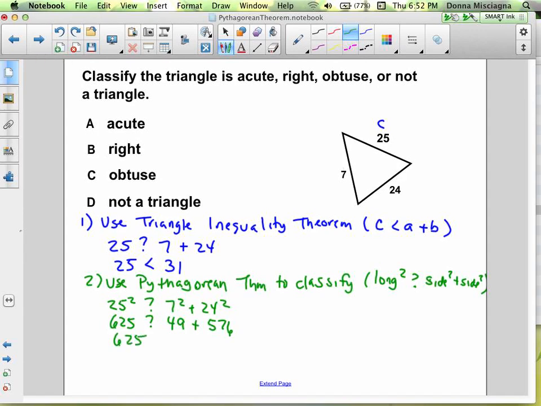If we add those up, 49 plus 576 is 625. So those two are equal.